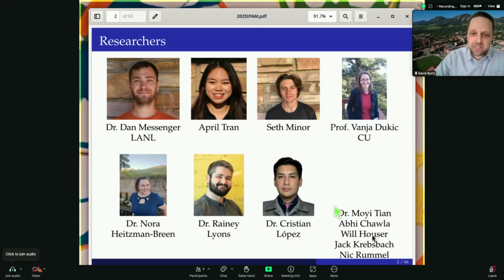Seth is a graduate student. Vanya Dukic is a faculty in our department. She's a computational statistician, Bayesian statistician. And then we have three postdocs, Nora, Rainey, and Christian. And then there are some other postdocs and graduate students who are joint with other faculty like Vanya and other people on campus.